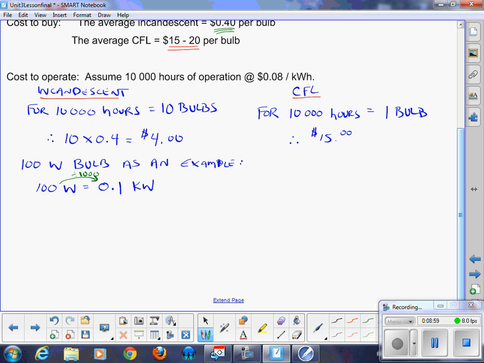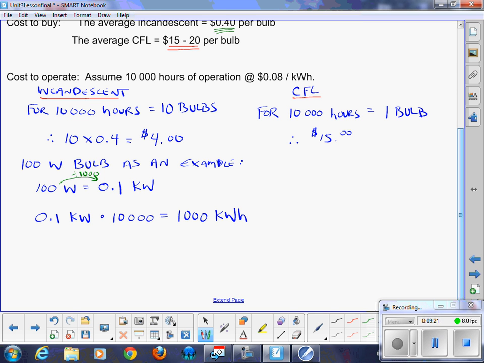Now I'm going to run these bulbs. So 0.1 kilowatts multiplied by 10,000 hours means that it will require 1,000 kilowatt hours to run these bulbs.